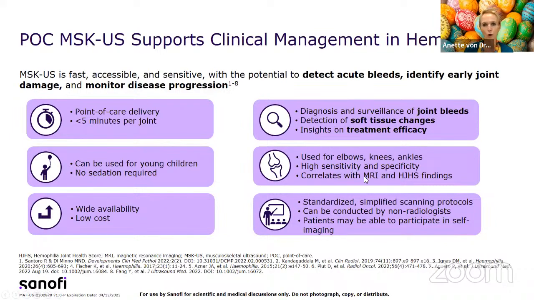It can be used for all joints actually, but in hemophilia, we look at elbows, knees, and ankles, of course. It correlates well with MRI and hemophilia joint health score findings. And there are several standardized simplified scanning protocols like the HeadUS or the JADE protocol available, and they can be, that's the idea, conducted and performed by non-radiologists.